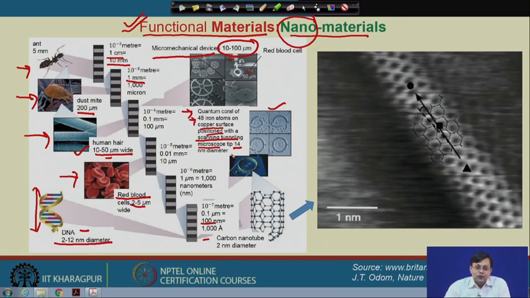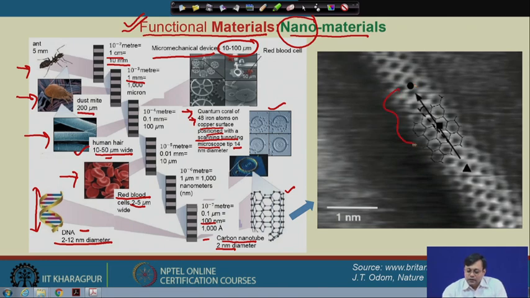And now we are trying to develop materials in the scale of 2 nanometer in diameter. Those are called carbon nanotubes. This is an image of a carbon nanotube, and this is an atomic resolution microstructure where individual atoms can be seen.